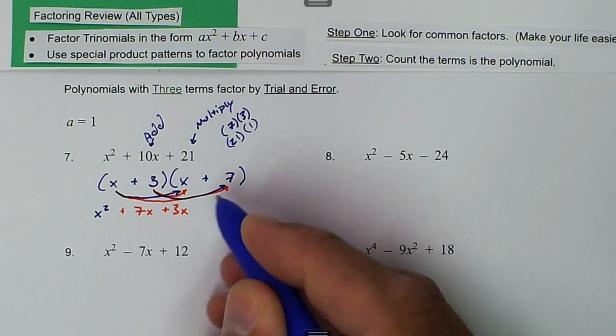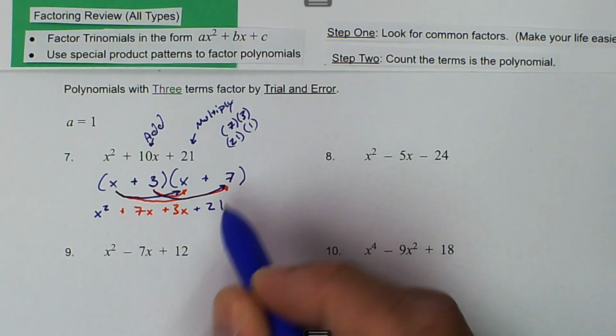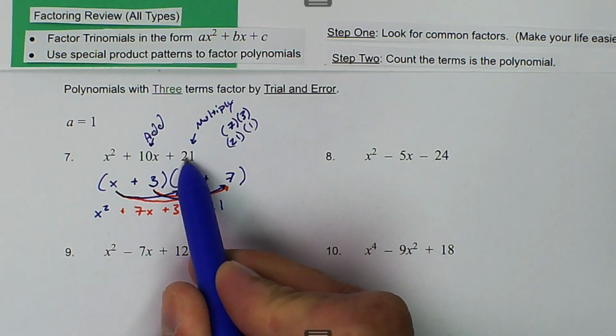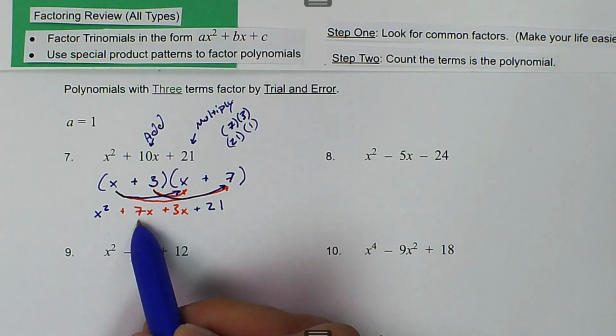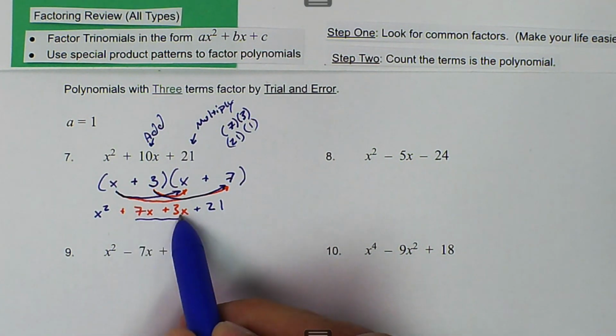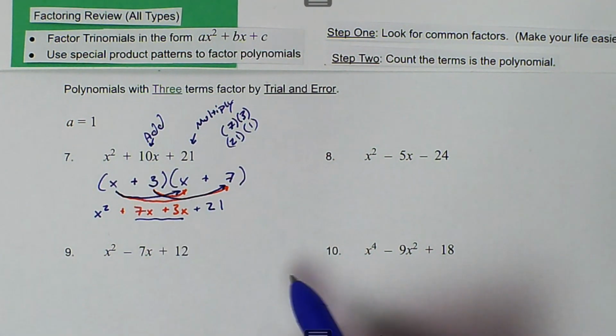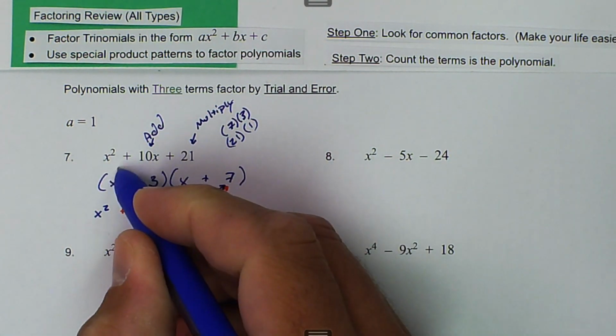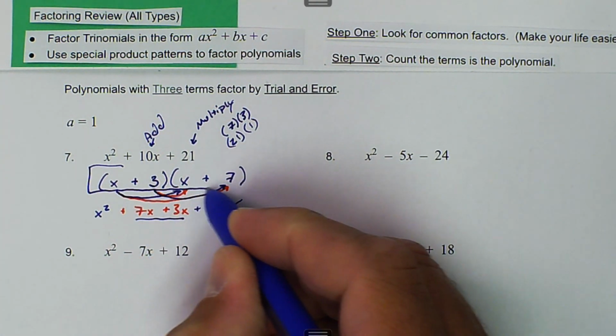And 3 times 7 is 21. So we have the 21, we have the x squared, and right here 3x plus 7x is 10x. So that does work. So this one is our solution.